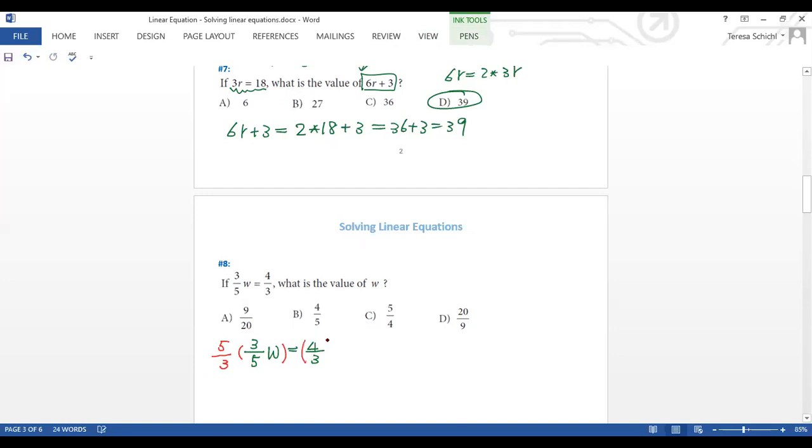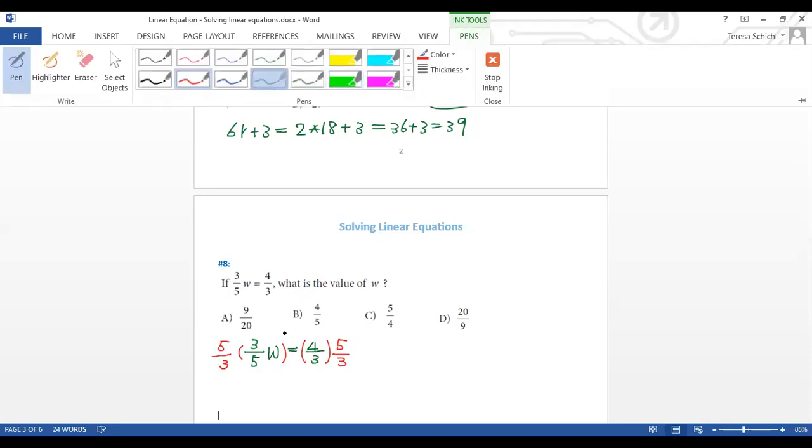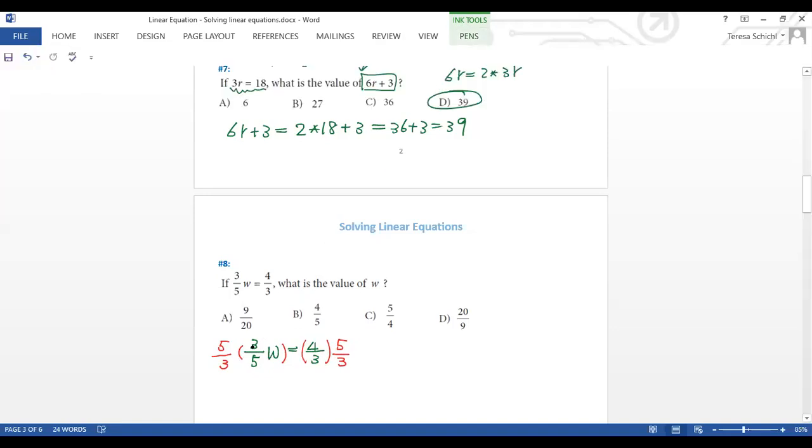And the same way, you cannot just multiply on one side. If you multiply by 5 over 3, you need to multiply the right-hand side by 5 over 3 too. So now the 3 and the 3 cancel, the 5 and the 5 cancel, and that's how you get W.